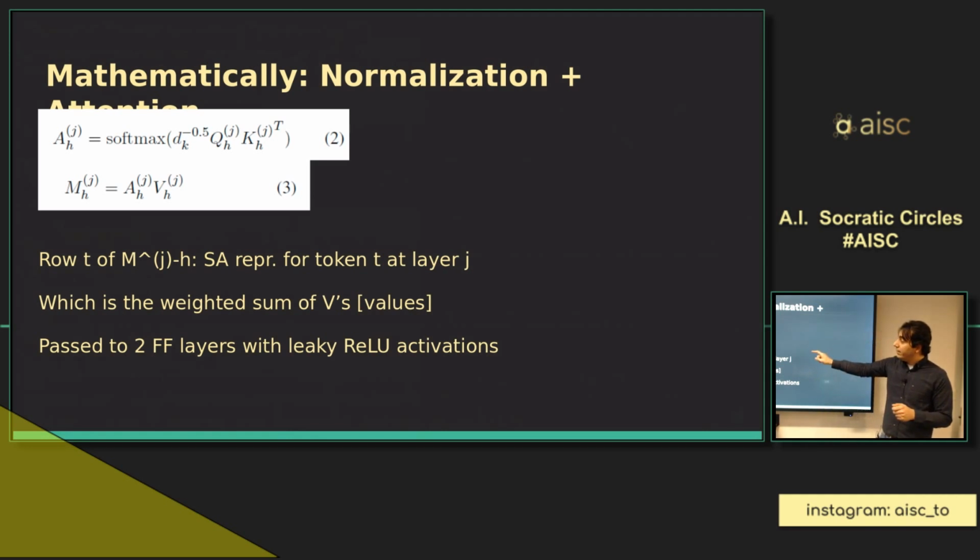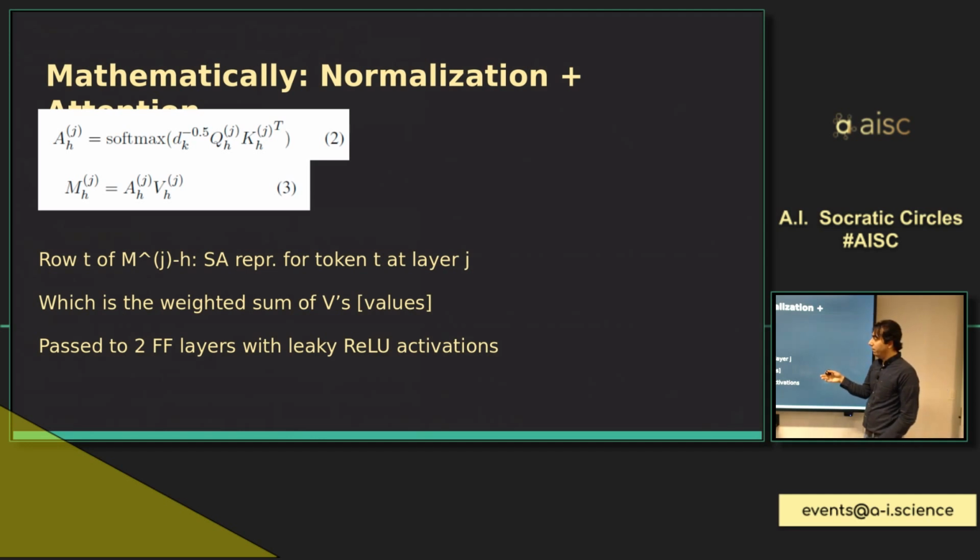You multiply that attention by your value vectors for each word, and you get the attended-over representation of that word. V vectors are kept only for that purpose. So M would be your final self-attention representation. For more details, refer to our videos or ask me during the discussions. Okay, so the row of T, M sub t, j.